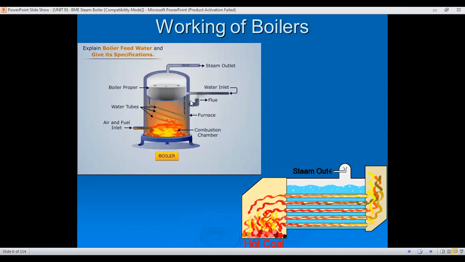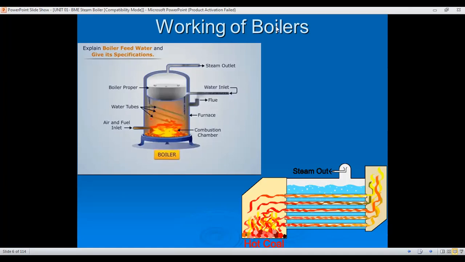Okay, so here we can easily see the difference in how a water tube boiler and a fire tube boiler work. This is the fire inside the tube and this is the water. If water is inside the tube, that is your water tube boiler, and this is the fire tube boiler.